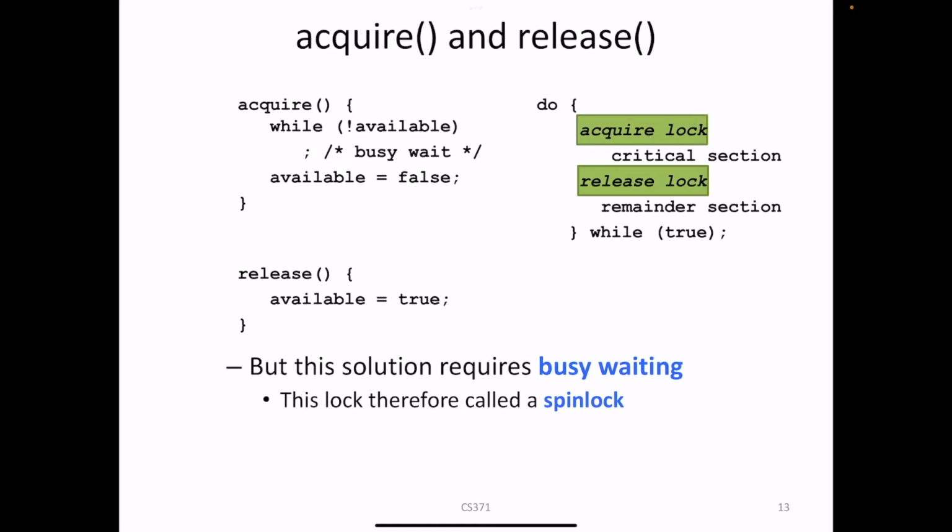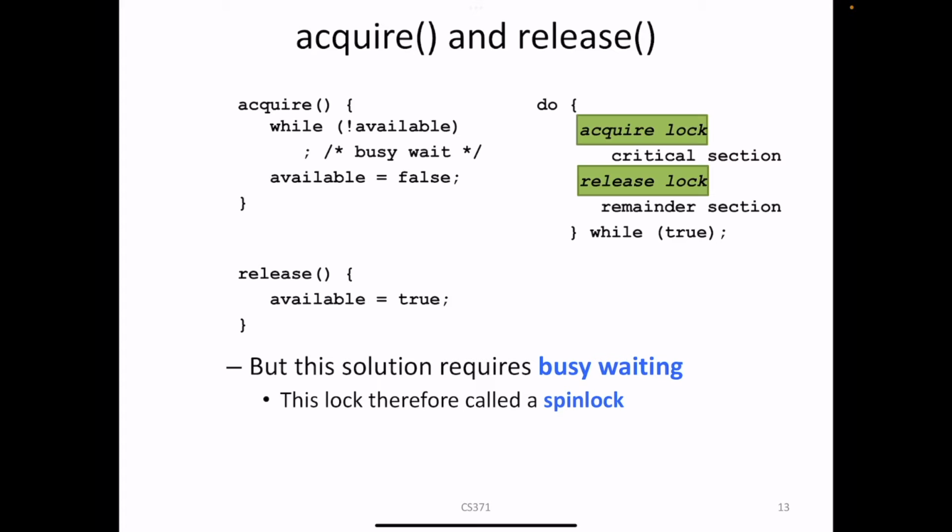Since no process is using the lock, the value of available is true. After we add the exclamation mark to available, the whole thing becomes false. Therefore, P1 won't get stuck at the while loop, then sets the value of available to false. Then P1 can access the critical section.